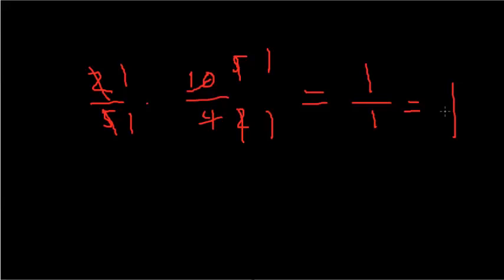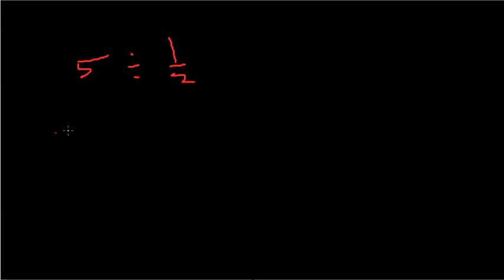Division of fractions is eerily similar. If we want to divide fractions, let's take a look at that. Let's say I have 5 divided by 1/2. Again, I want to change my whole number into a fraction by putting it over 1. And then with division, I want to convert this division problem into a multiplication problem.